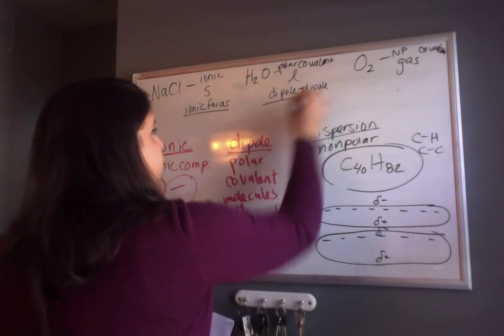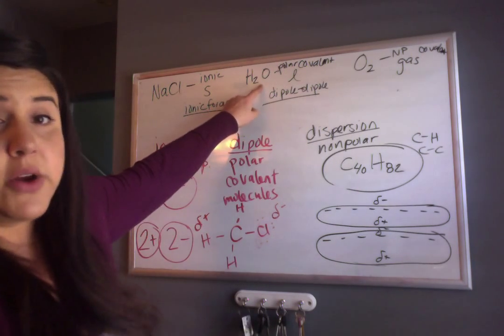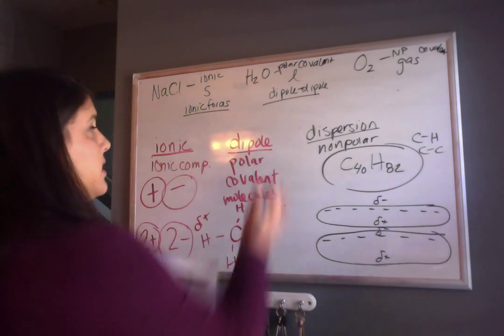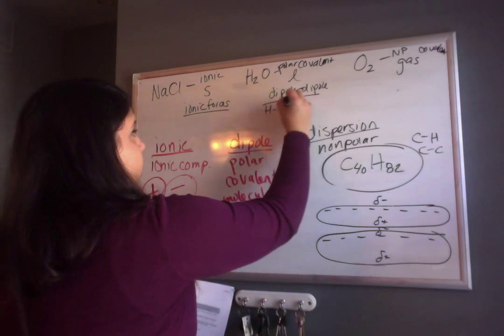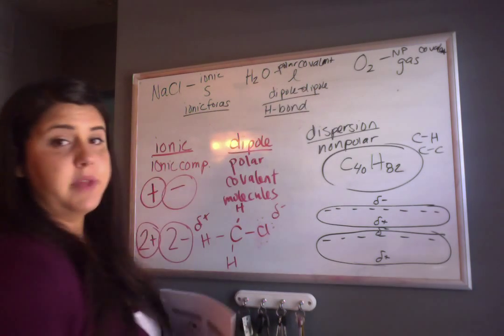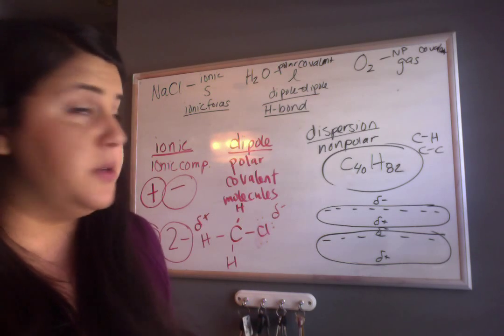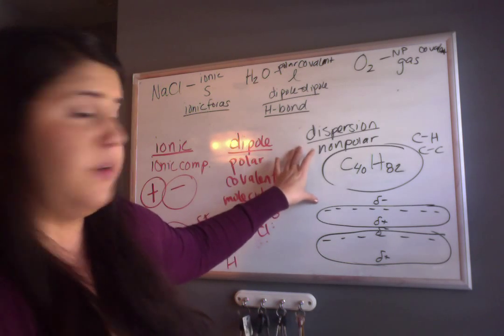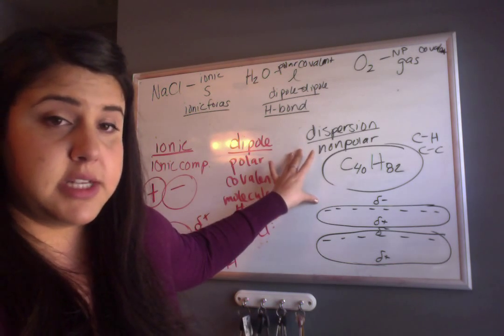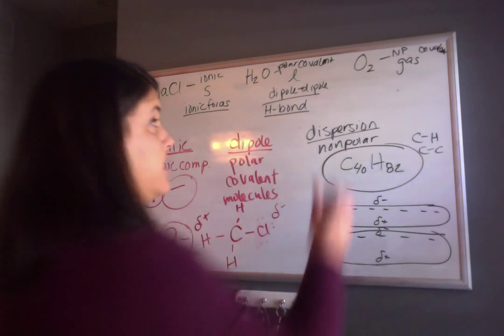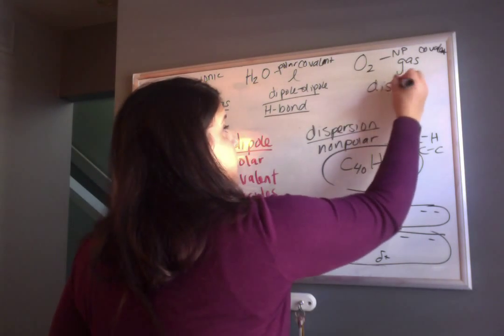But I also know that water has an OH bond, so it's also going to have hydrogen bonding. Oxygen is a nonpolar covalent molecule, so the only type of intermolecular force I can have is dispersion.